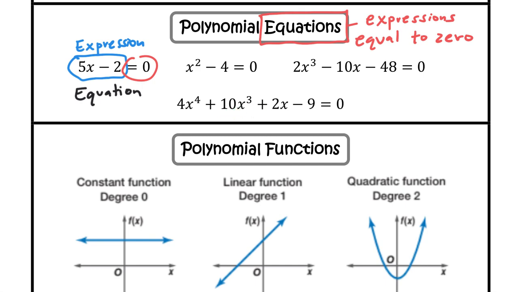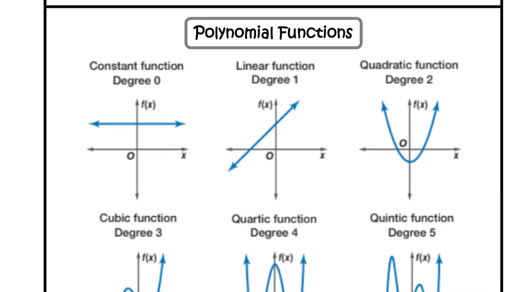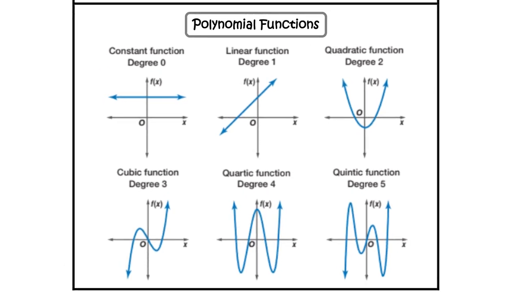And then down here, if I scroll down, we have polynomial functions. And let me zoom out a little bit so you can see all of them. So we have a constant of degree 0. We've seen constant functions before. They're just horizontal lines.